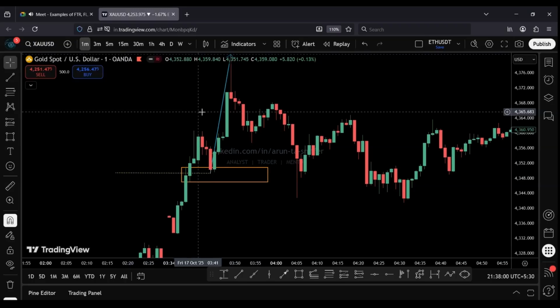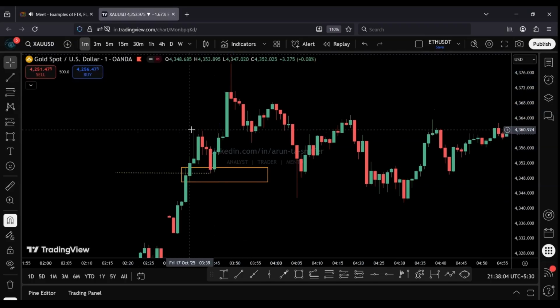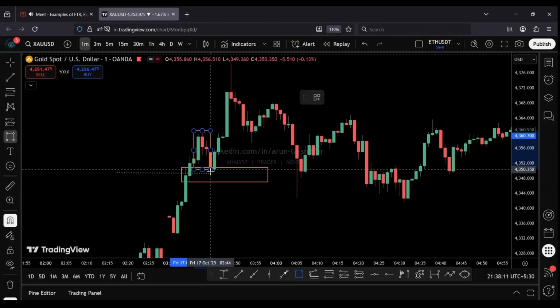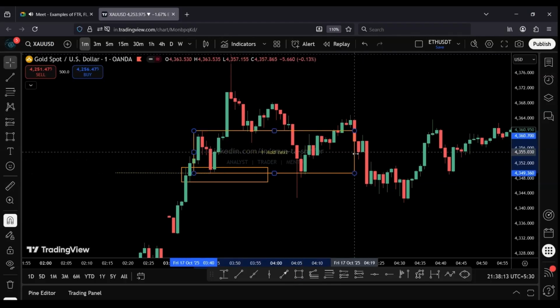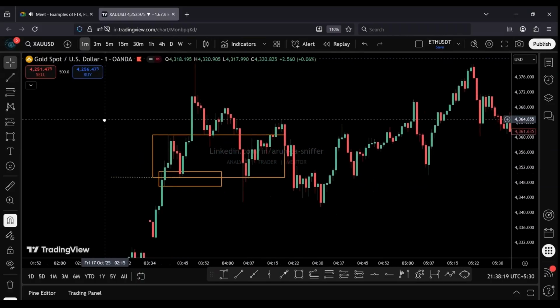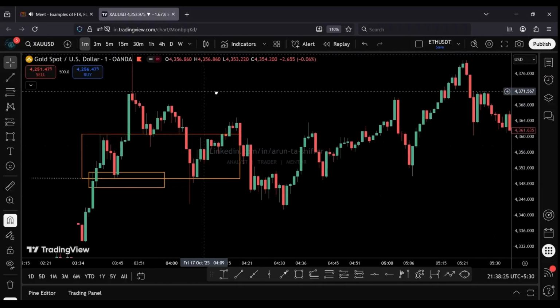So what we can do, we will draw a box from here and look at which one crossed it at upside and downside. So look at this.